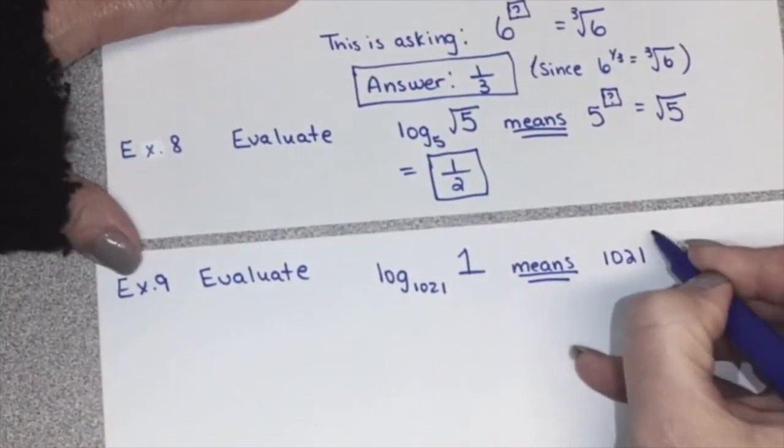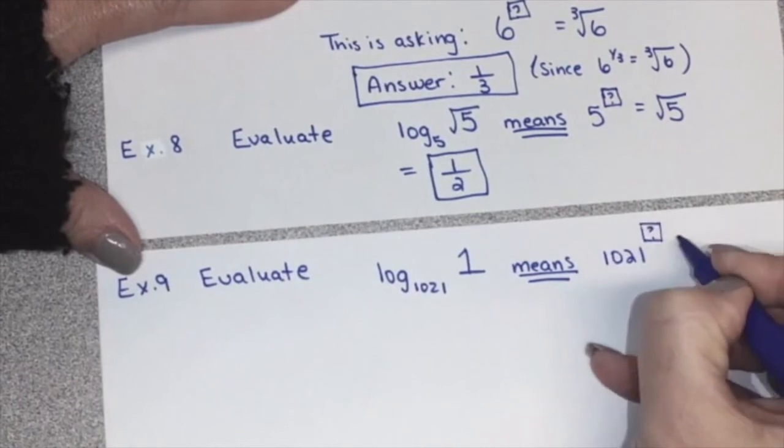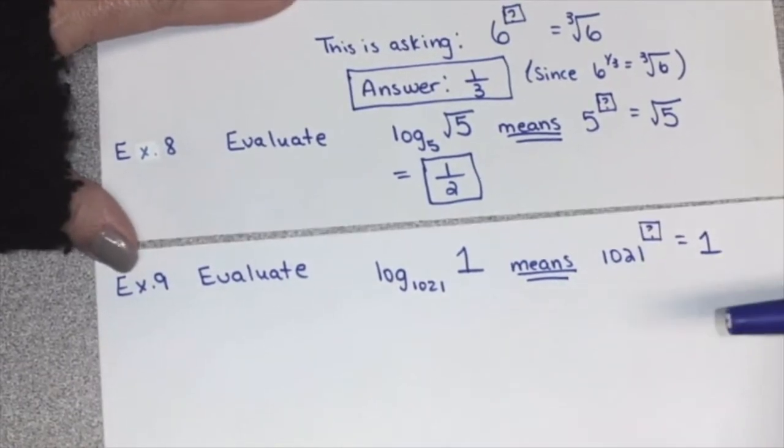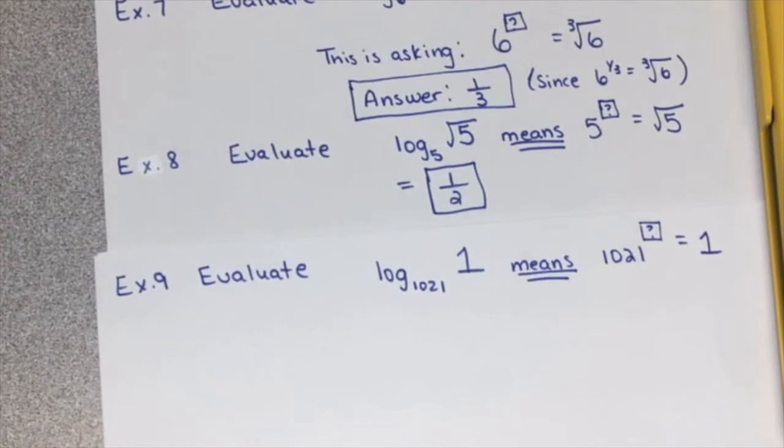So what is this really asking then? What do I need to raise 121 to the power of to give me an answer of 1? Well, there's only one exponent that always gives me an answer of 1. Do you remember what exponent always gives you an answer of 1? What power always gives you an answer of 1 no matter what the base is?